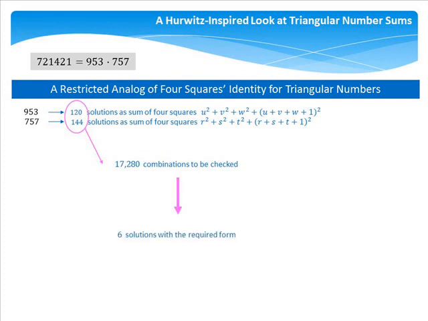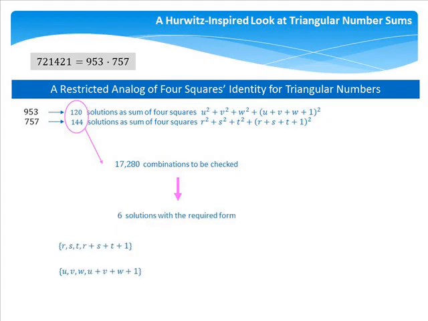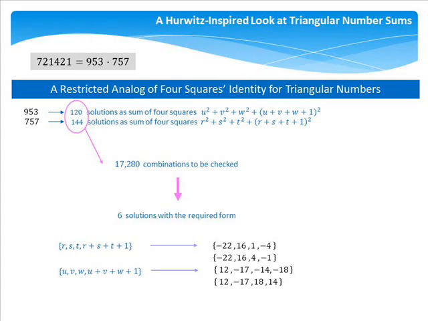In fact, there are 6 valid combinations for the product, which involve the same magnitudes but 2 sign variations for r, s, t, r plus s plus t plus 1, and u, v, w, u plus v plus w plus 1. We'll examine 2 of those solutions, the ones that yield different magnitudes for alpha, beta, and gamma.